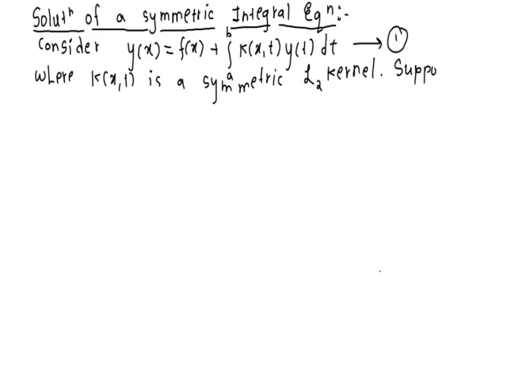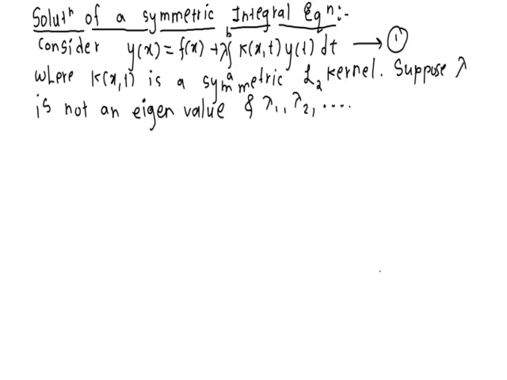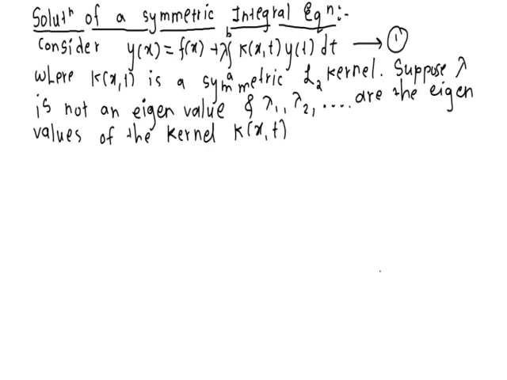Suppose lambda is not an eigenvalue, and lambda 1, lambda 2 and so on, these are the eigenvalues of the kernel k(x, t).